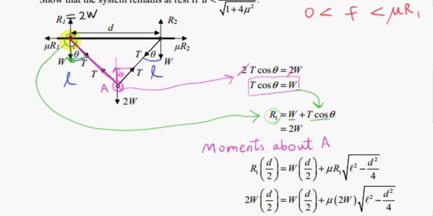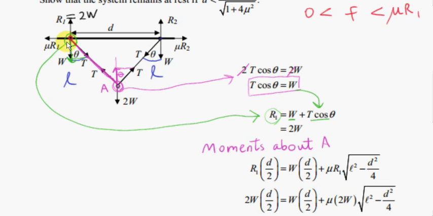We will take moments about the point A, so that will eliminate the tension forces. The moment of the tension forces on both rings about the point A will be 0, because the line of action of these two tension forces passes through the point A. Also, the moment of this tension force and the 2W force about the point A will be 0.